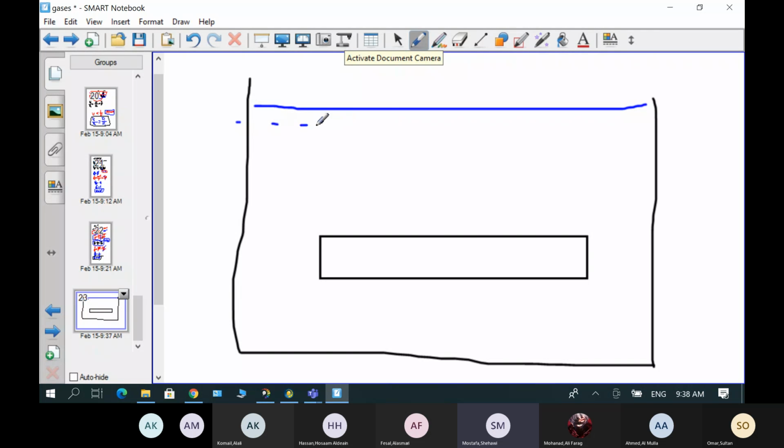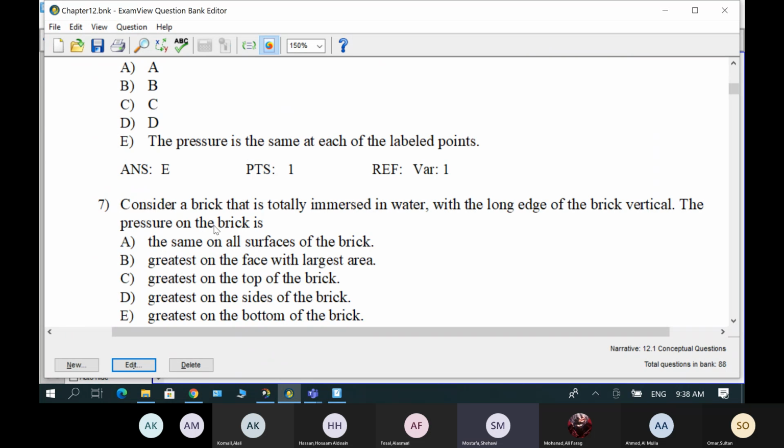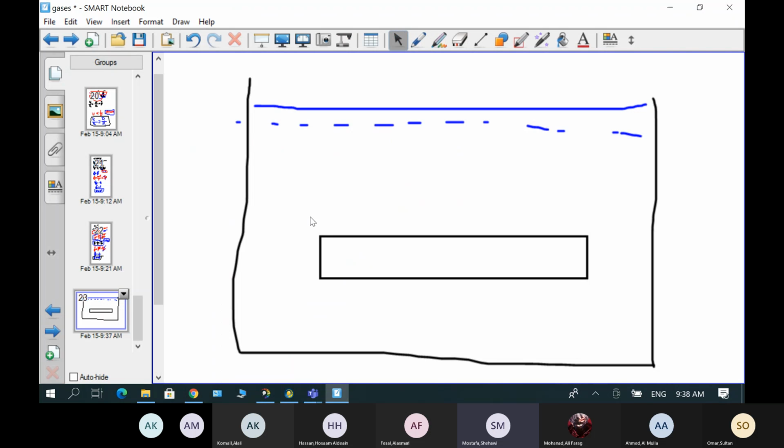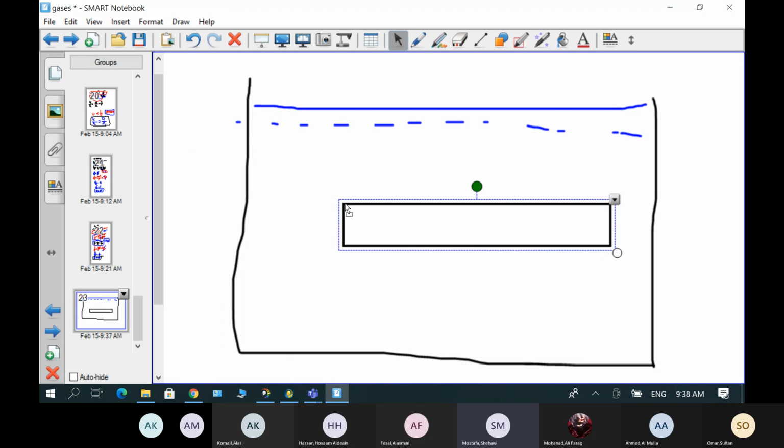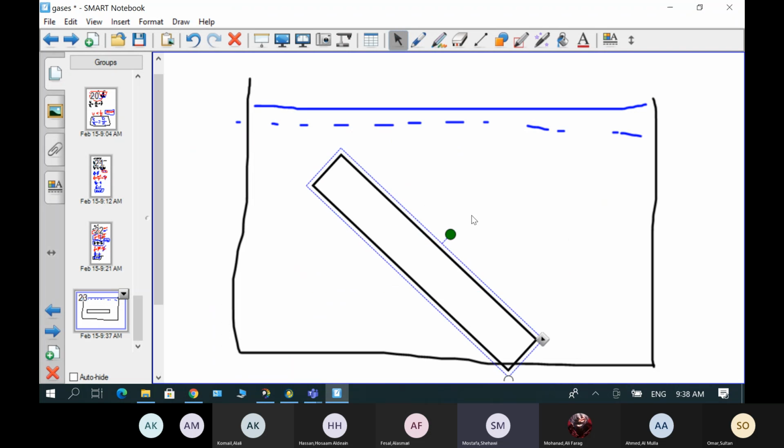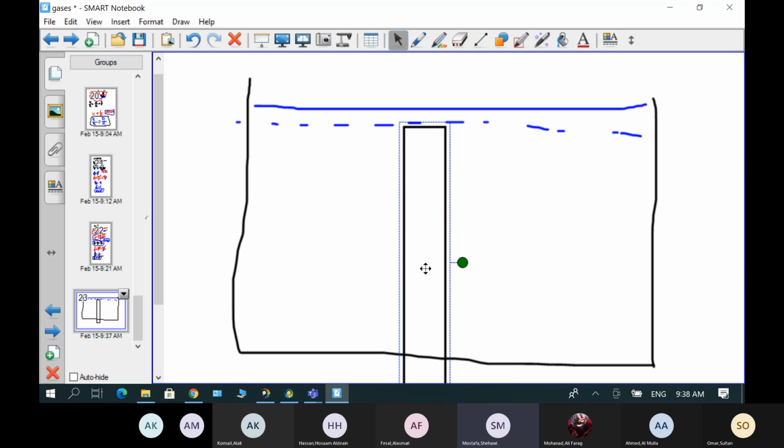All this is water, and now he is asking about the pressure. The brick is immersed in the water with its long edge vertical, so let's come here and adjust it. Something like this.